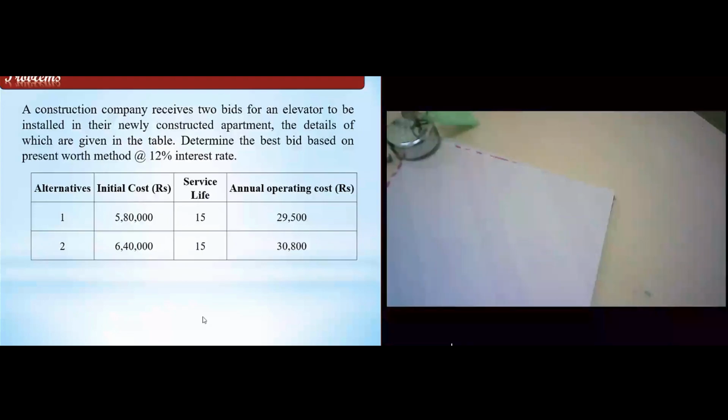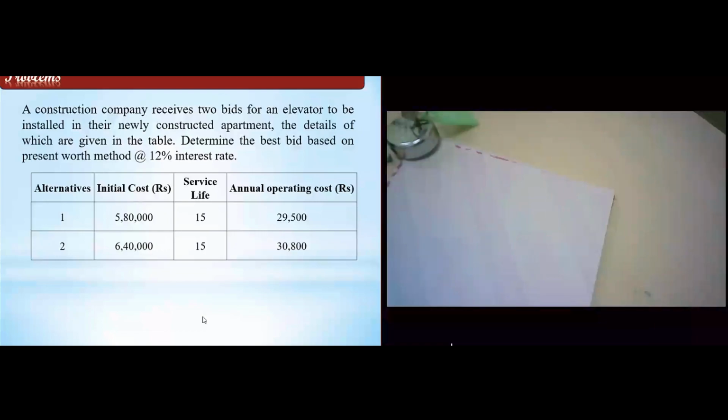A construction company receives 2 bids for an elevator to be installed in their newly constructed apartment, the details of which are given in the table. Determine the best bid based on present worth method at 12% interest rate.